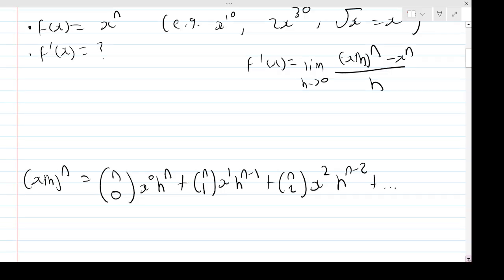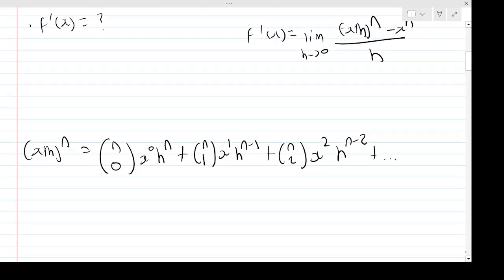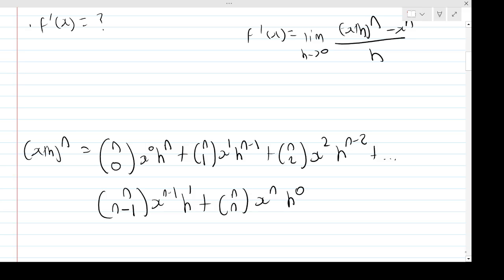We continue this pattern, and eventually we get to n choose n minus 1, and then x to the power of n minus 1, and h to the power of 1. Then lastly, we're going to have n choose n, and then x to the power of n, h to the 0. But anything to the power of 0 is just 1, okay?